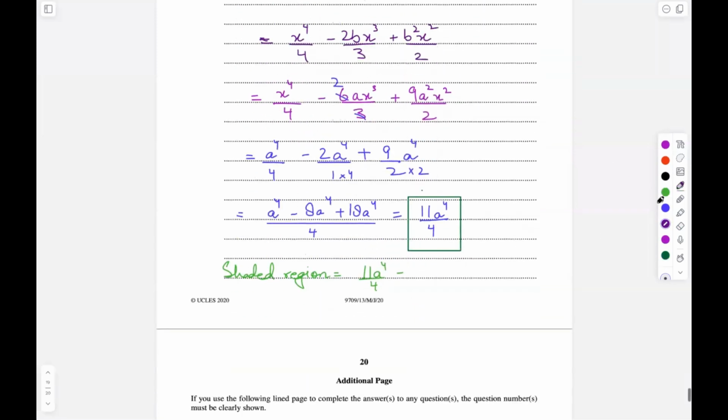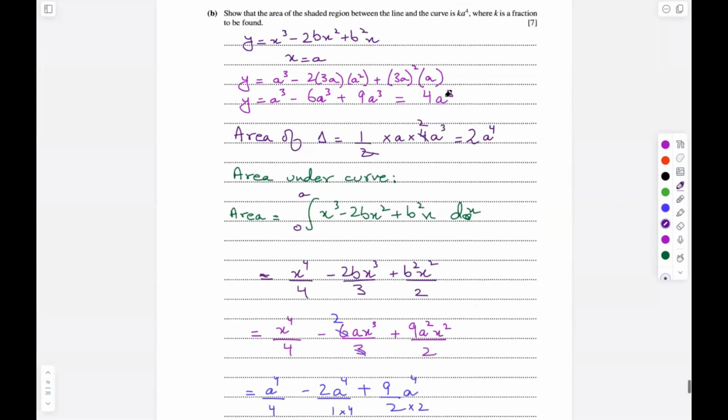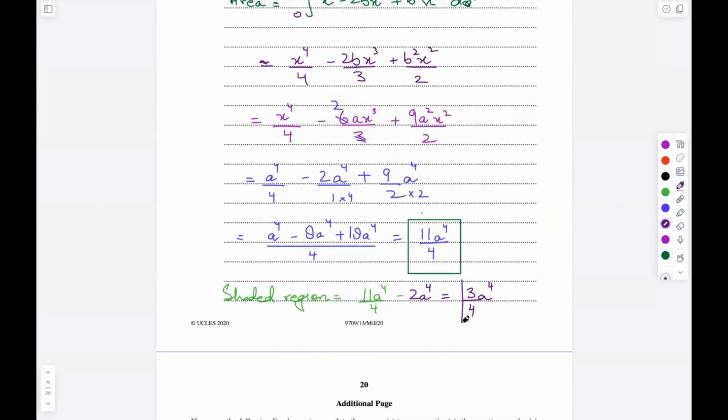So 11a to the power 4 minus 2a to the power 4, taking the LCM, 4 times 2 is 8. So 11 minus 8 will become 3. So the answer will be 3a to the power 4 upon 4. And as we had to give our answer in terms of Ka to the power 4, where K is a fraction, the value of K in this case will be 3 upon 4.